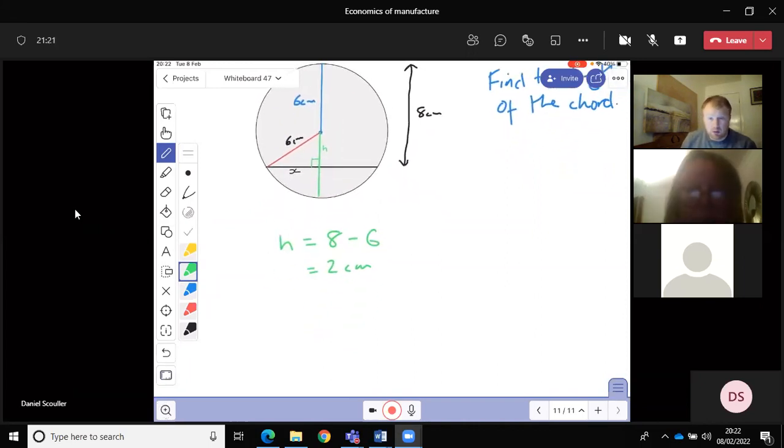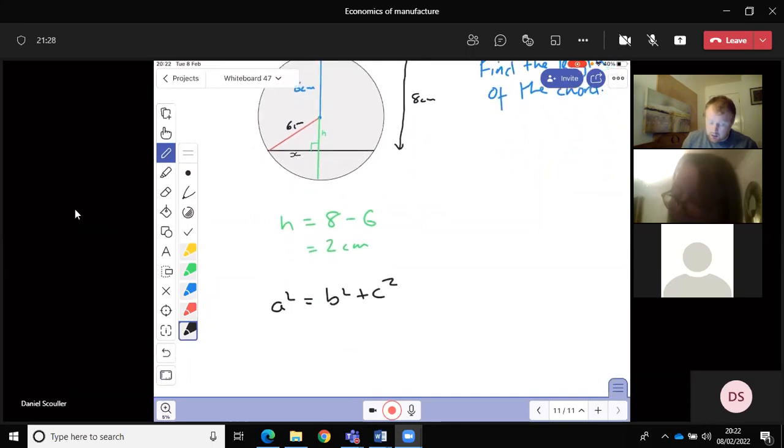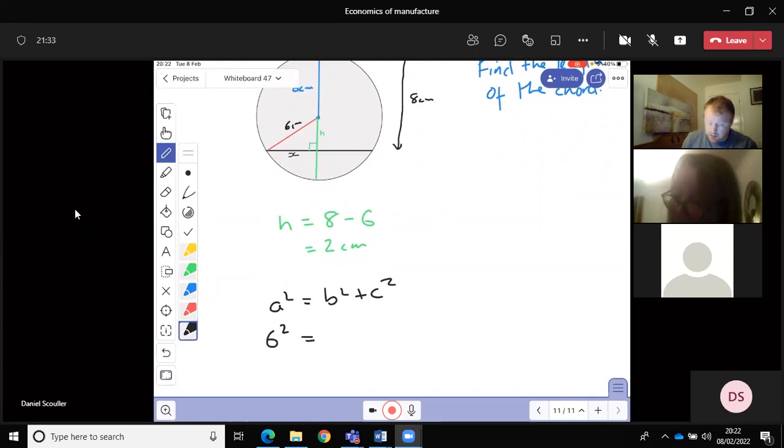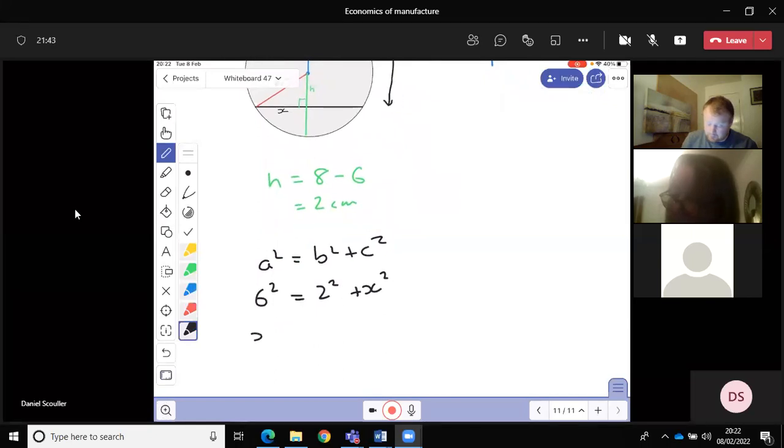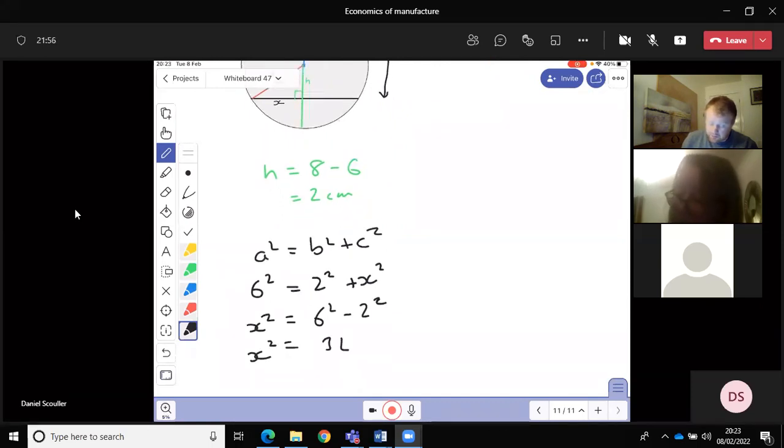That allows us just to do Pythagoras to work out what x is. So we've got a squared equals b squared plus c squared, where a is 6 centimeters squared, b squared can be h, which is 2 squared, and then plus x squared. Done this quite a few times now, so 36 minus 4 is 32.